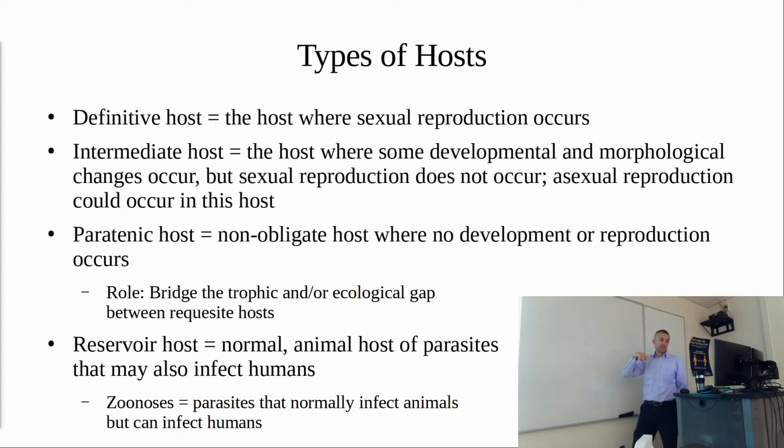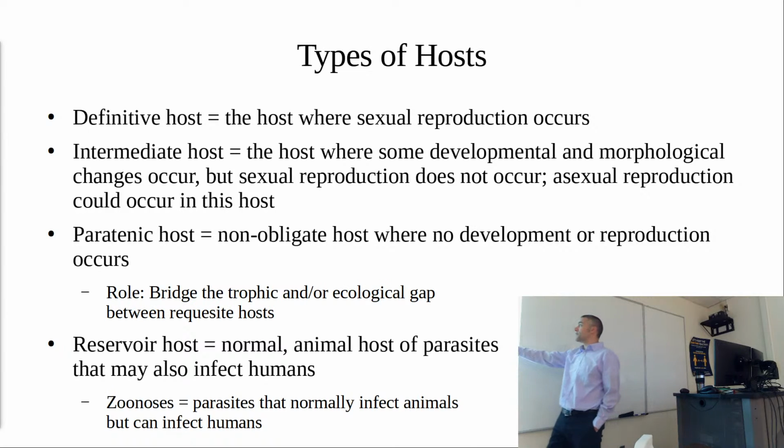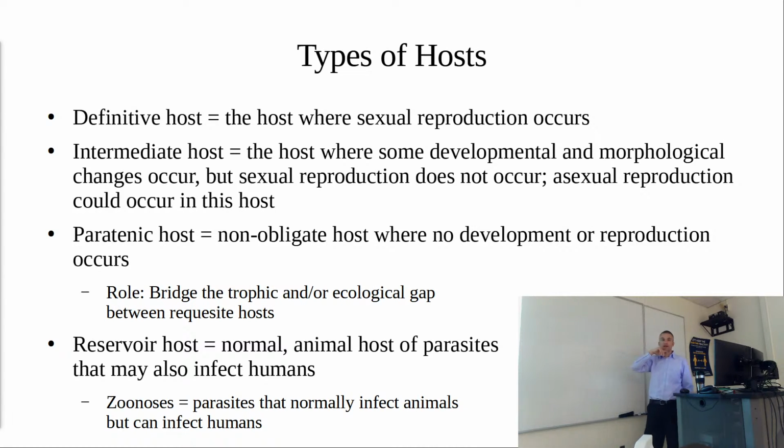This host could have asexual reproduction, and asexual reproduction is one of these adaptations that increases the chances of transmission. So definitive host, sexual reproduction occurs. Intermediate host, sexual reproduction does not occur. Asexual reproduction could occur, but we definitely have some developmental and morphological changes. And that's kind of important.